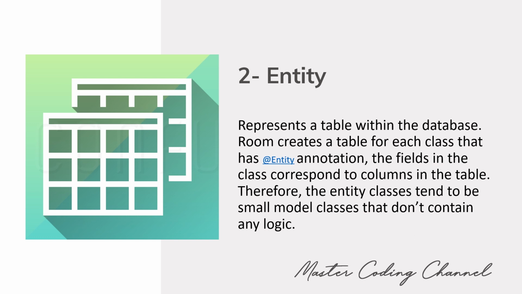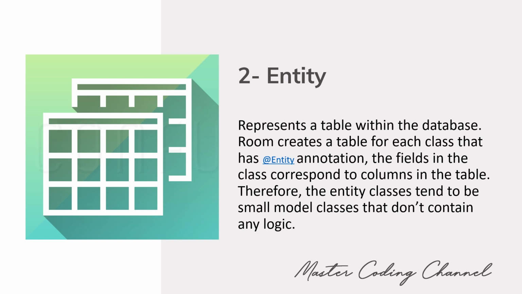Every model class with the entity annotation will have a mapping table in the DB. The entity has properties like foreign keys, names of the foreign keys, indices, the list of indices on the table, primary keys, names of entity primary keys, and the table name. We also have ignore, embedded, column info, and primary keys.